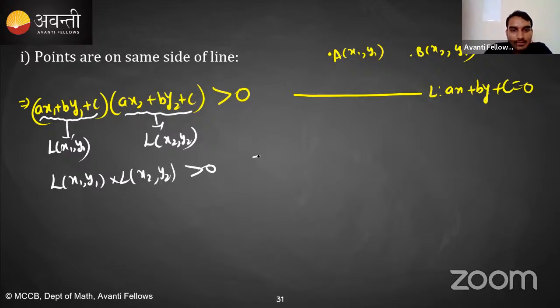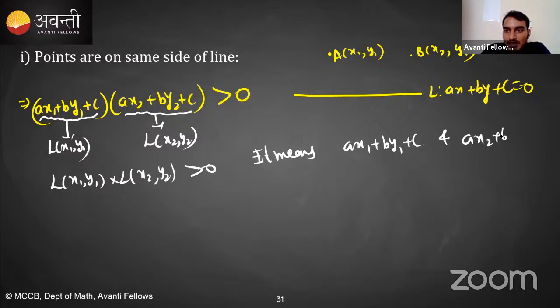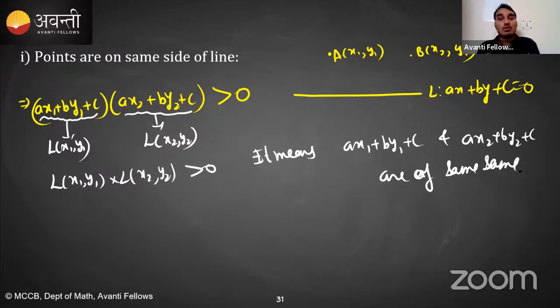So it means your ax1 + by1 + c and ax2 + by2 + c are of the same sign. Whenever two points are on the same side of the line, if you put that point in the line, you will get some number, right?